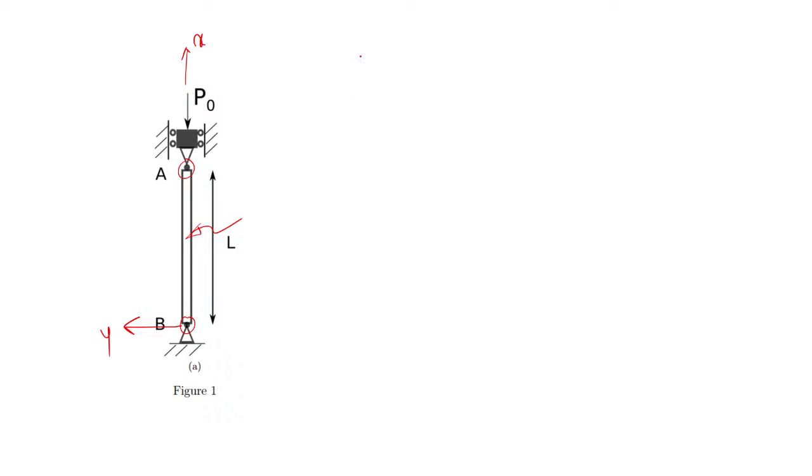So if u is the axial displacement, or the displacement along the x axis, u at B is 0 because it is pinned, and v, the transverse displacement of point B, is also 0.